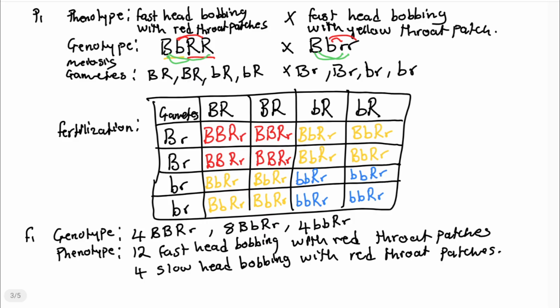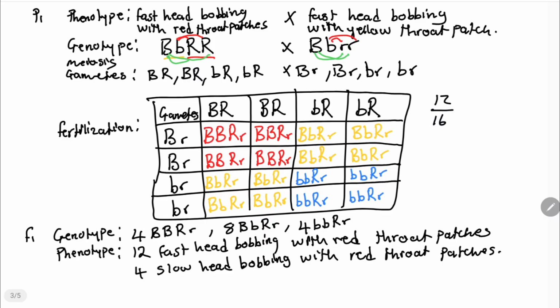Then the question asks, if there are 32 offspring produced, how many would have fast head bobbing with red throat patches? That is a very simple question to answer. Out of these 16 that we have, the ones that have got fast head bobbing with red throat patches are the 12 offspring, out of a grand total of 16 that were produced.